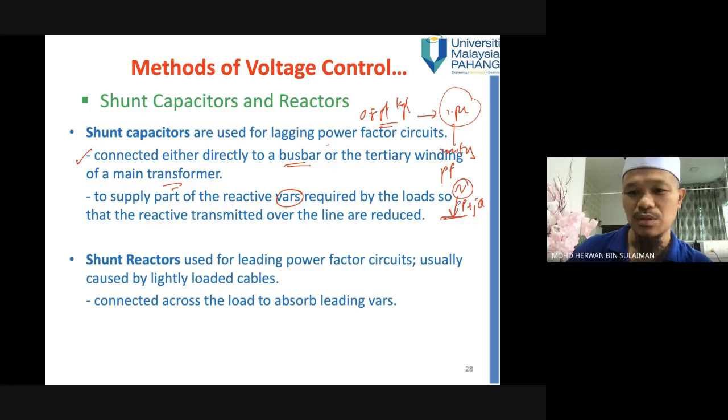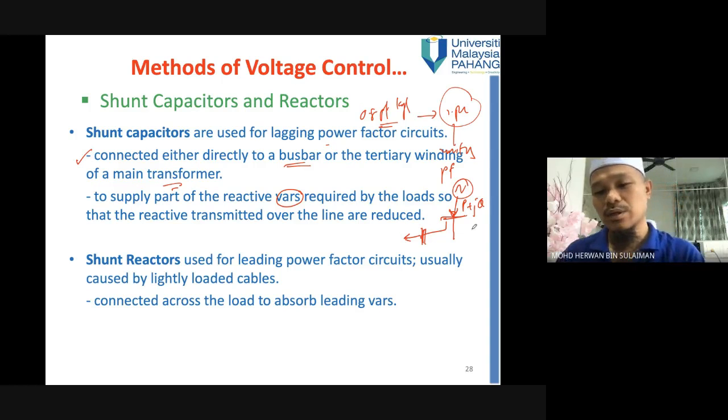So P is normally supplied to the system, connecting through the bus bar to the other buses. Normally your P is positive because it is real power. But for reactive power, sometimes it is positive, sometimes negative. When the reactive element in the system exceeds what is required by the loads, it becomes negative, and can be absorbed by the generator. So negative means the generator is absorbing reactive power.